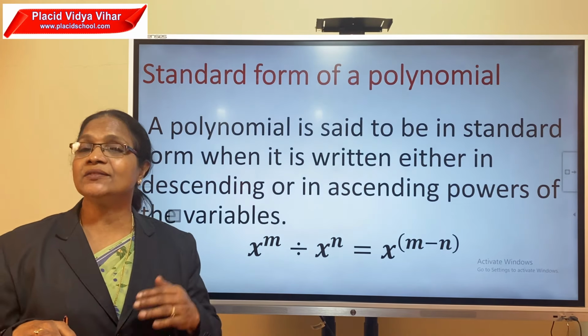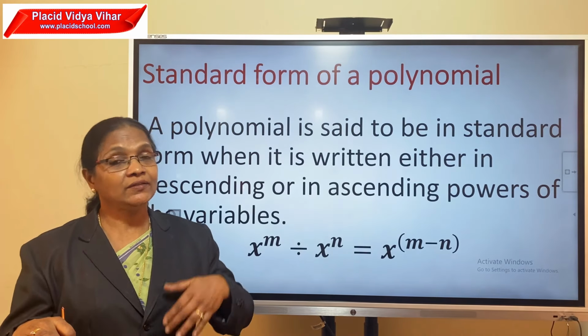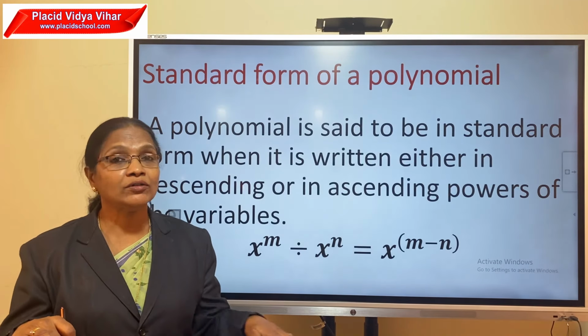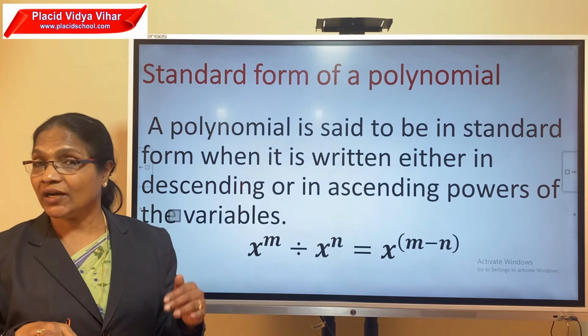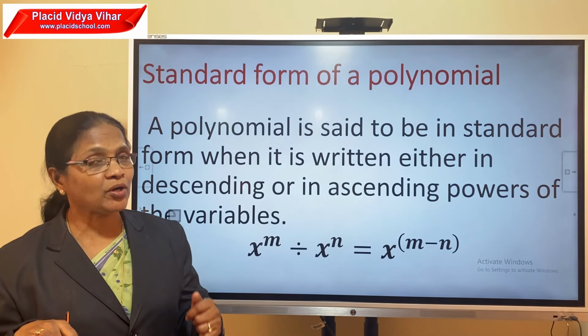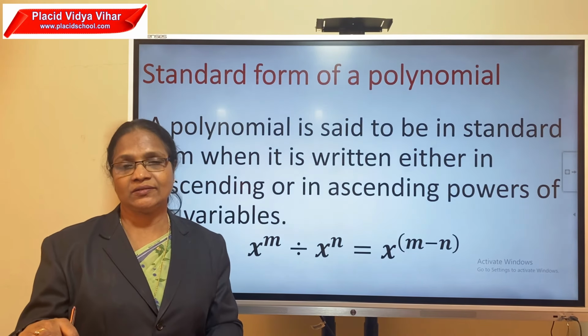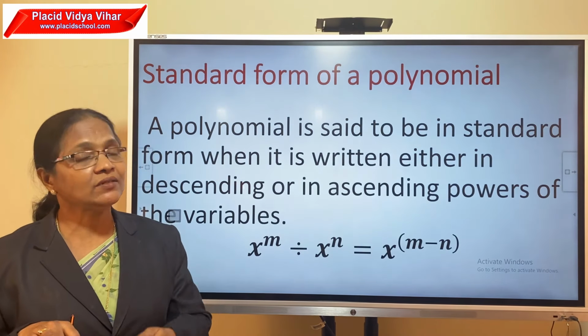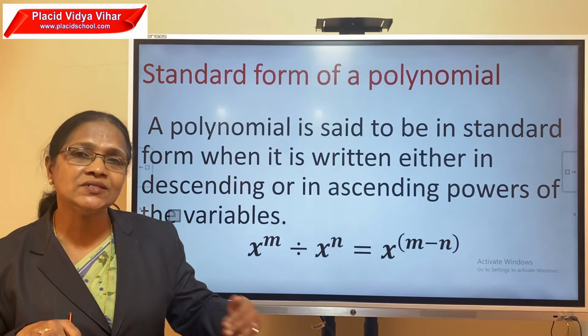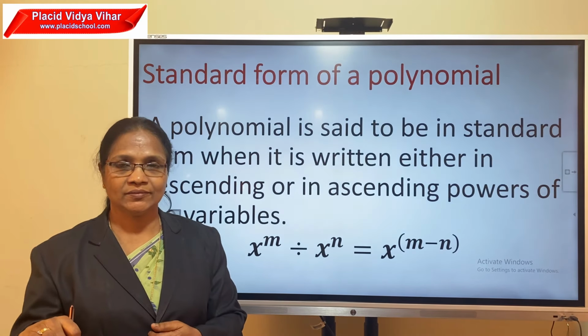We have to arrange the terms of the polynomial in the ascending or descending order of degrees. Normally for division, we will arrange the terms in the descending order of degrees.